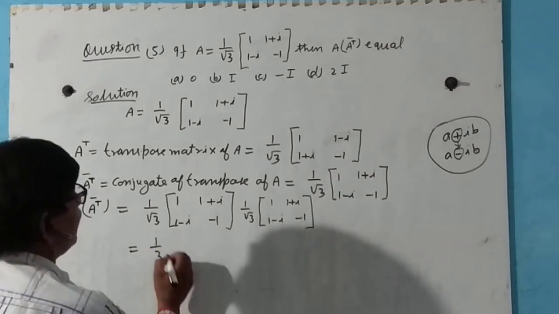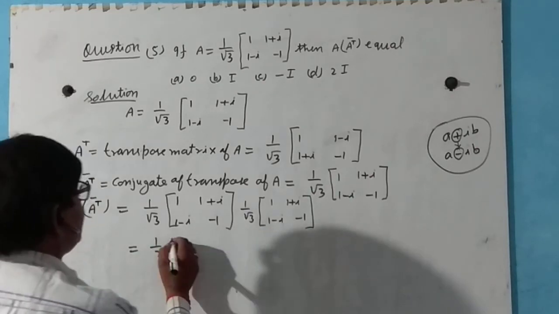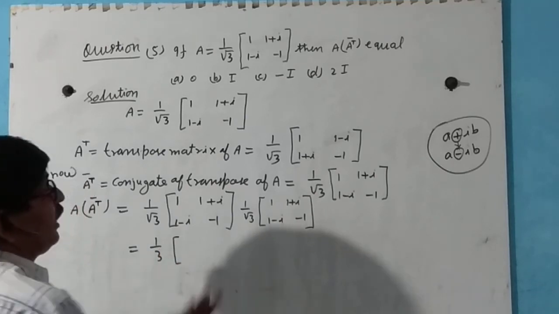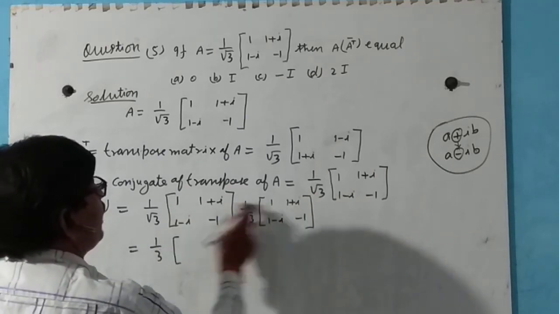Now in this case 1 by root 3 times 1 by root 3 equals 1 by 3, and we multiply by the row by column method.